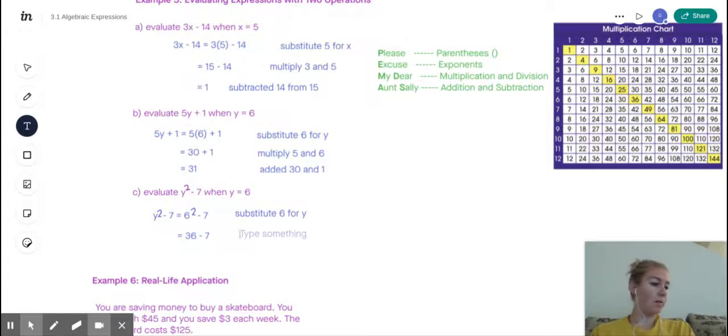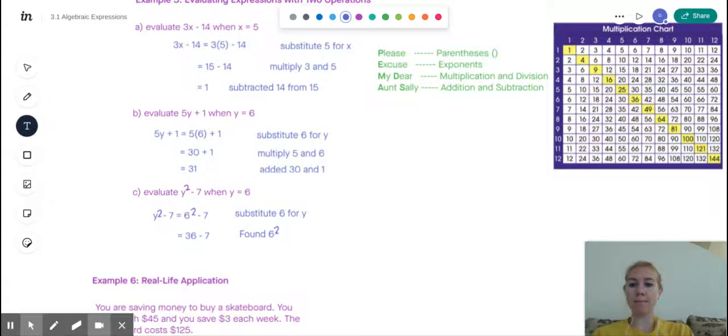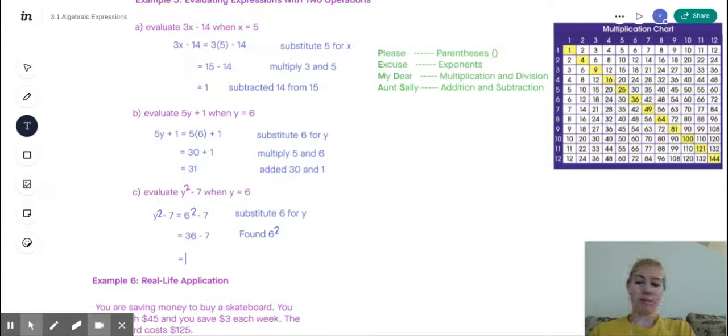So what we did is we found 6 squared. Remember, the little exponent tells us how many times 6 is being multiplied over and over again. And then last but not least, 36 minus 7 is 29. So we subtracted 7 from 36. And there you have it.